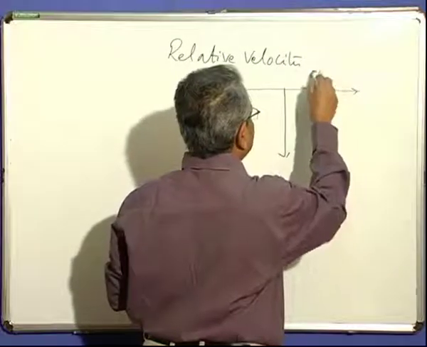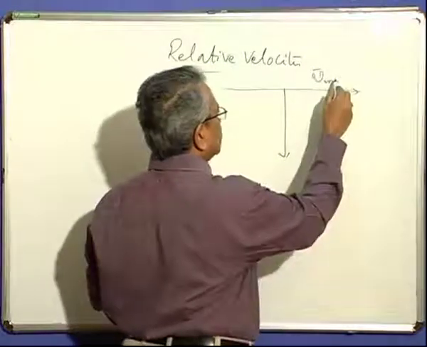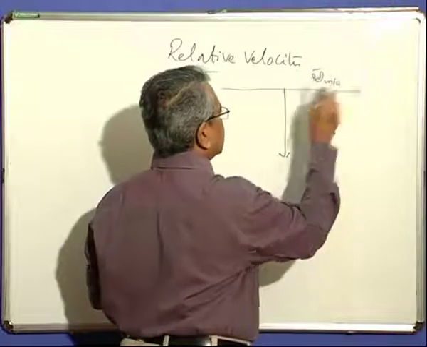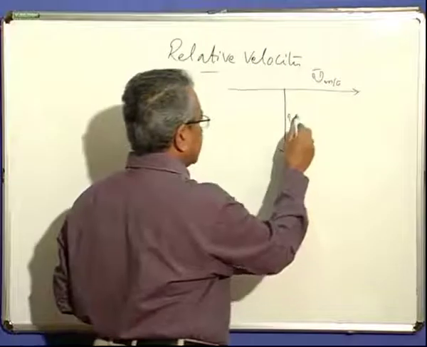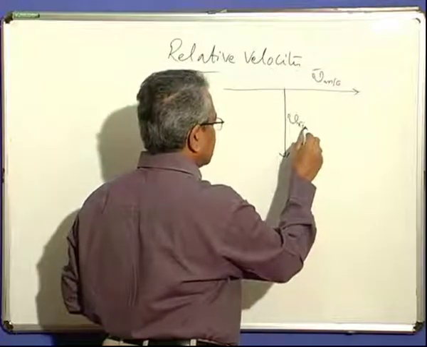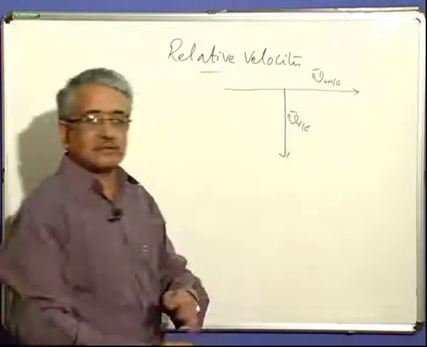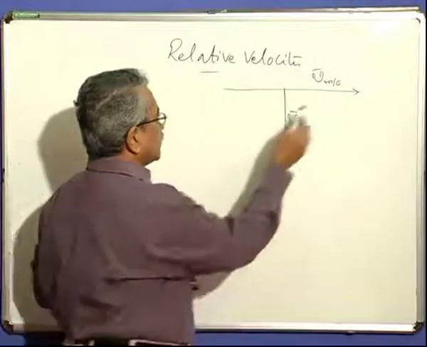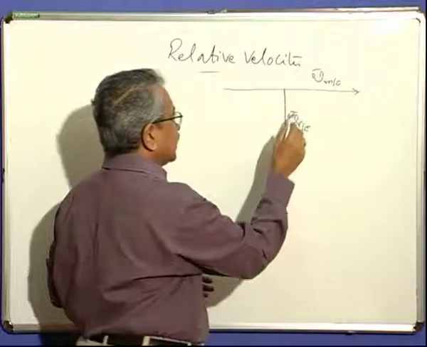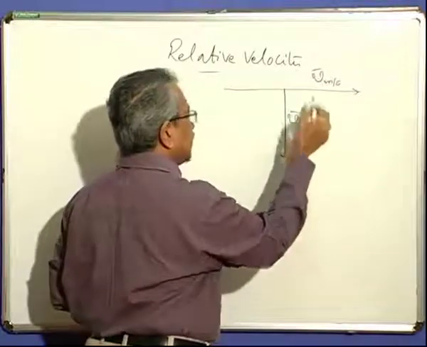Velocity of the man, we call him Vm, with respect to the earth, that is stationary earth. Rain is falling here, velocity of the rain with respect to the earth, again stationary earth. Rain is only falling straight away. Now you want the velocity of the rain as measured by the observer.